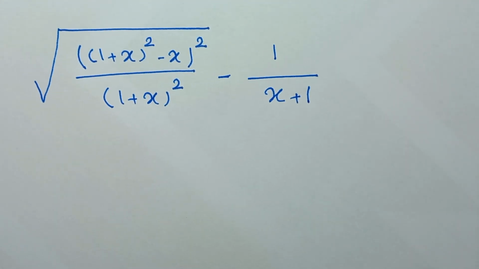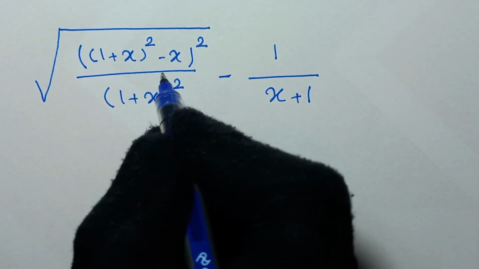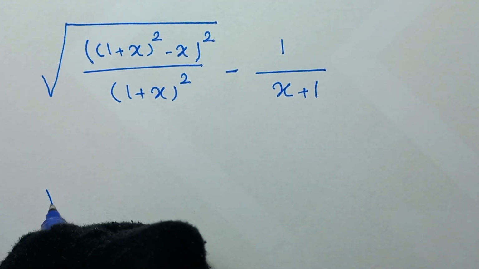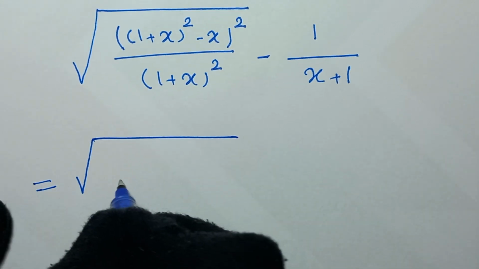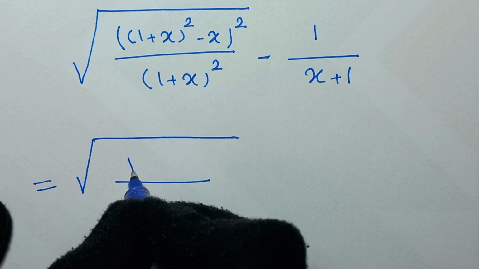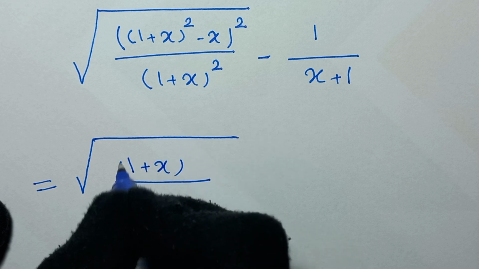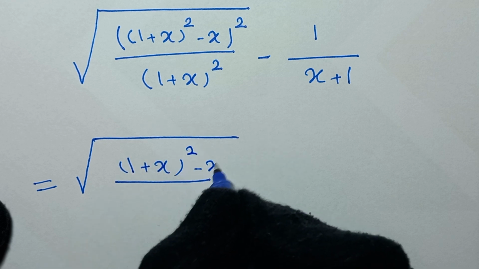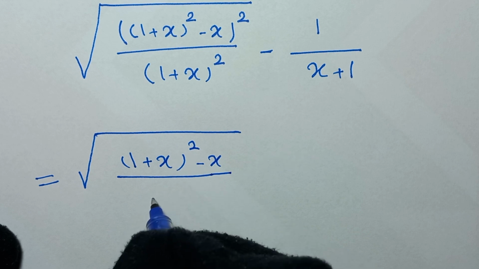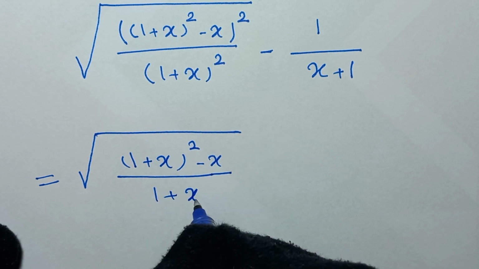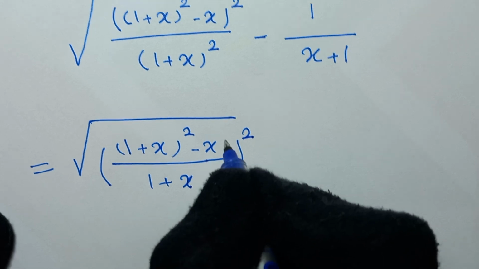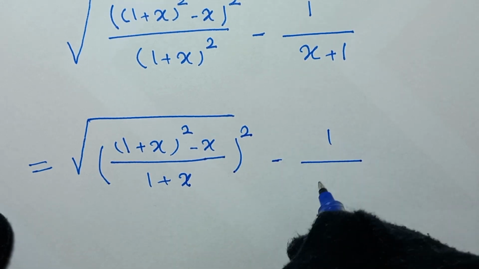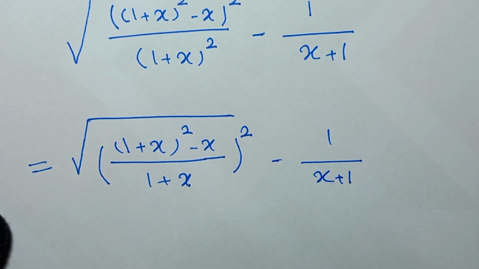And here, we can write this fraction as the square root of ((1 plus x) to the power of 2 minus x over 1 plus x), and all of this fraction to the power of 2, right? Minus 1 over x plus 1.